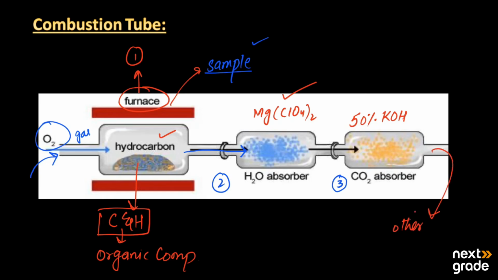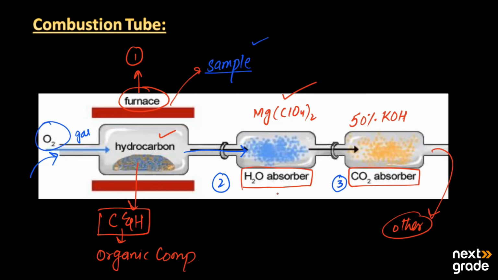So this is the main process of the combustion tube. The amount of water absorbed and the amount of carbon dioxide absorbed give us the amounts that we need.